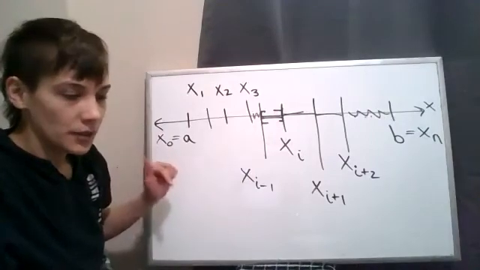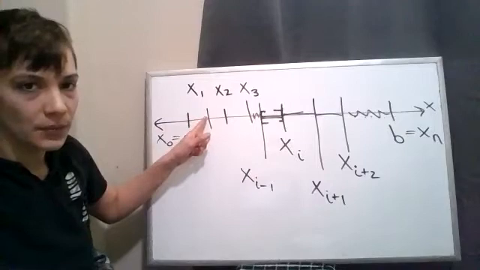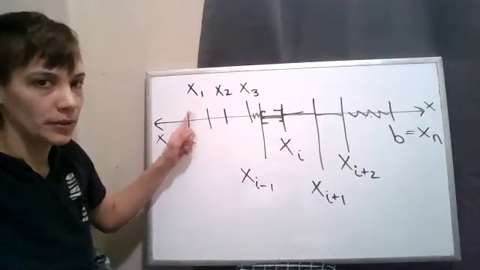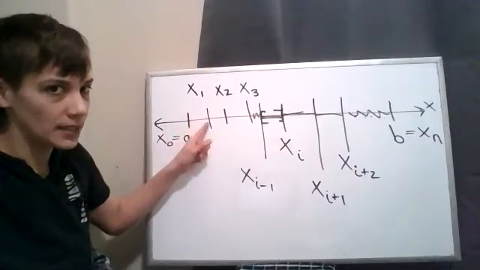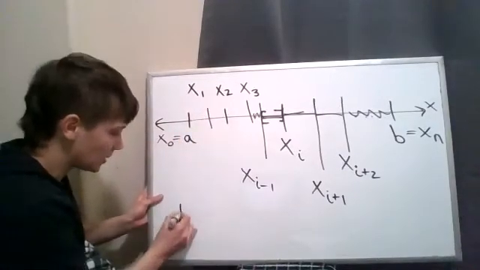From each interval, you pick a tag. We'll usually pick right-hand endpoints, or you could pick left-hand endpoints, or you could pick midpoints. Any point from that interval would work. We call it x sub i star.